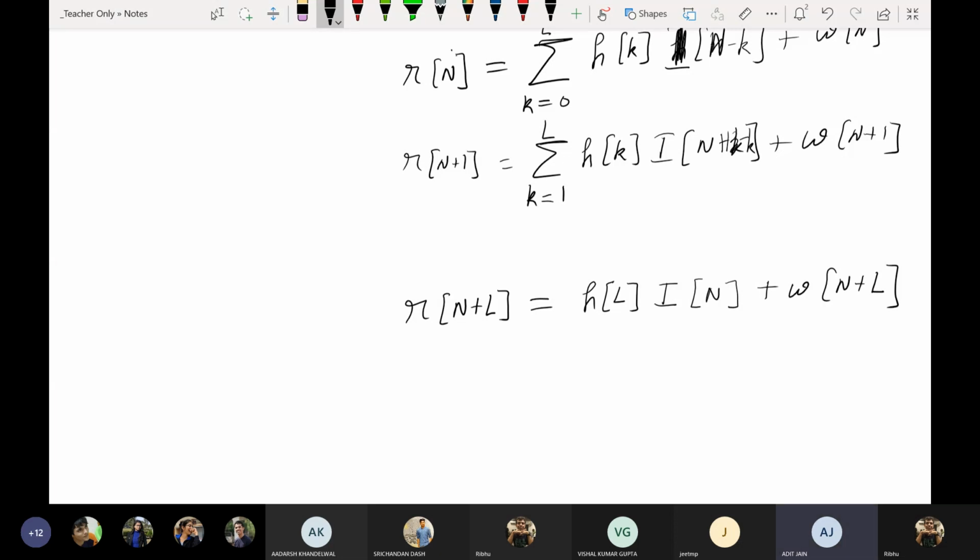Why is there not a sum term in r[n plus L]? So we stop at the nth instant. Oh, okay, sir. And there are L coefficients.